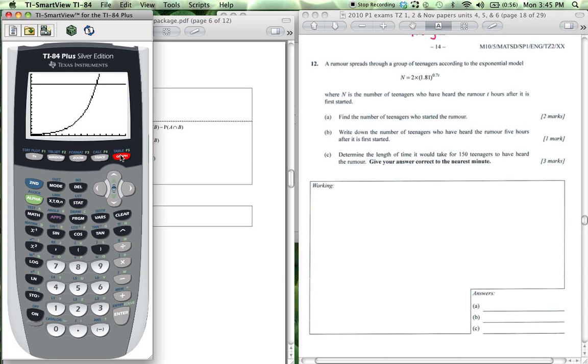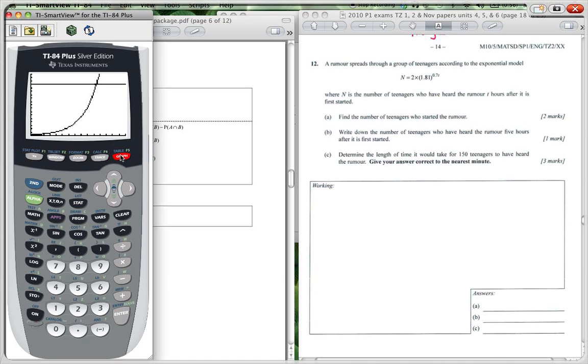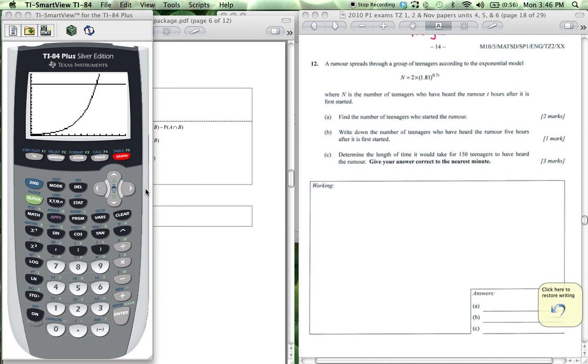So obviously this point over here where these two intersect is going to be my solution. So I'm going to trace, and we're going to go up, and we get it at that.